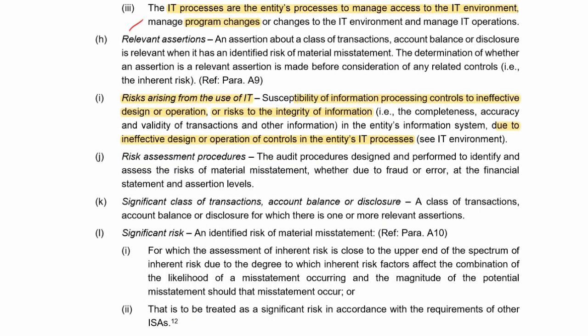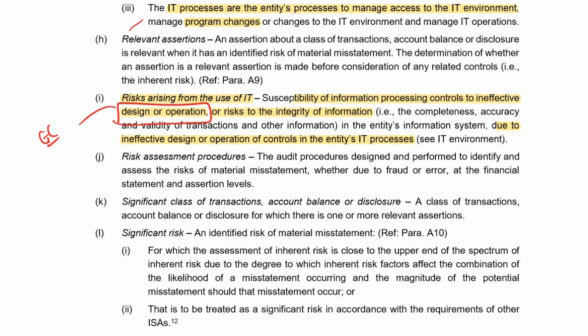Risks arising from the use of IT. So this is the susceptibility of information processing controls to ineffective design or operation. This means the general controls, program changes, system development, and implementation were done wrong. So that is the risk from using IT.